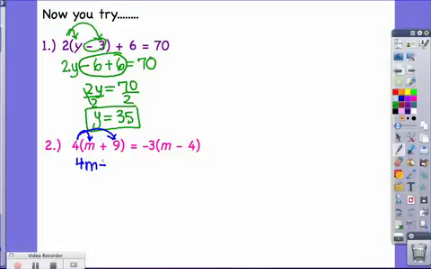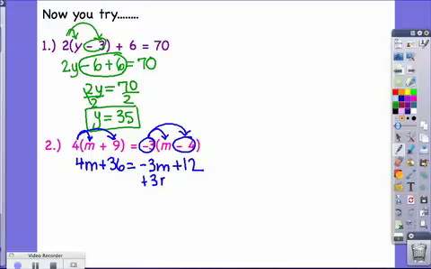Subtract 36 from both sides. So we get 7m equals negative 24. Divide by 7, and we get m equals negative 3 and 3/7 as our final answer.